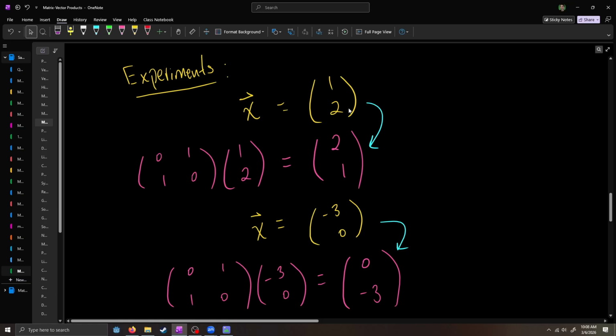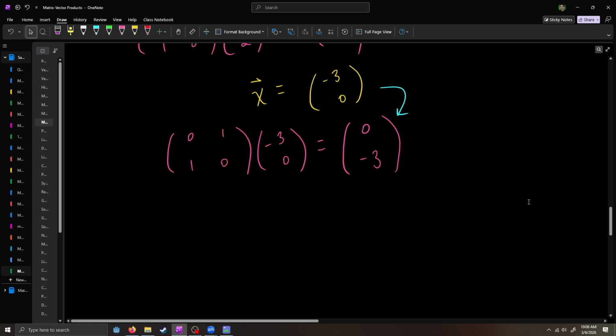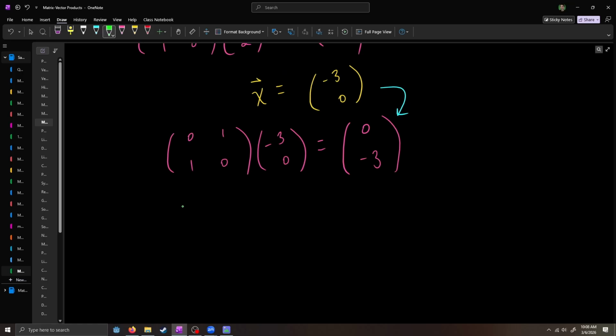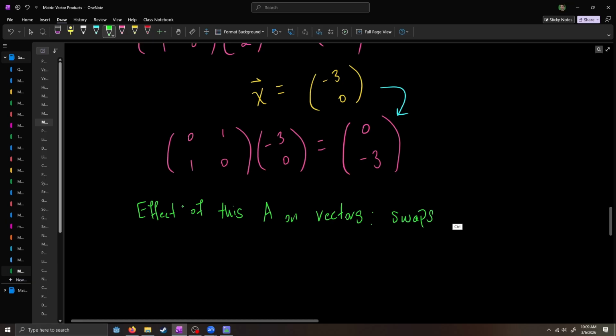Like 2 and 1 are switching positions and -3 and 0 are swapping positions. So one way that I could articulate the effect of A on vectors is that it swaps the first entry and second entry.